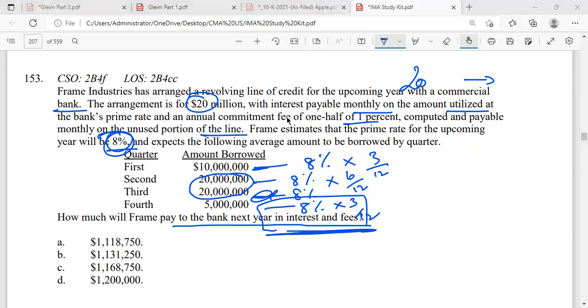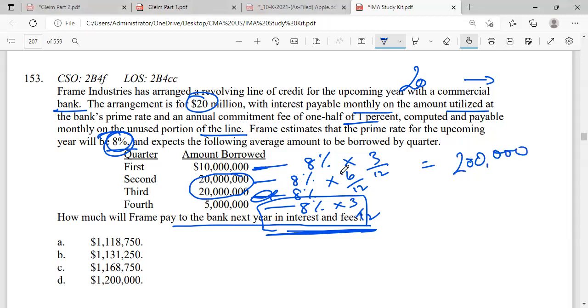Everyone there with me? No, not 9/12. First, tell me this 10 million into 8% into 3/12 is equals to 200,000.